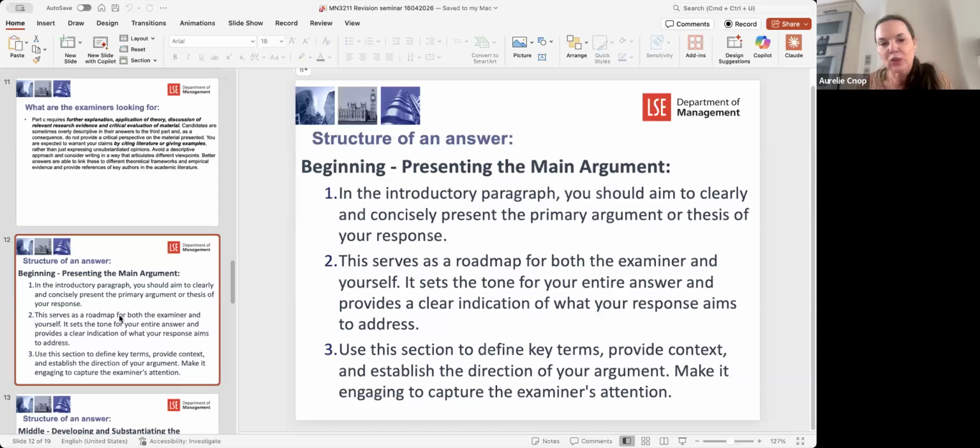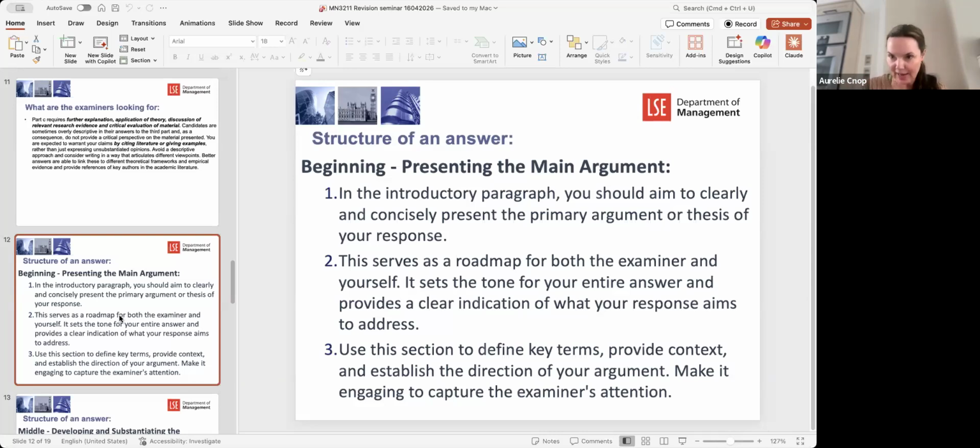Right after this, what you want to do is to define the key terms. So yes, you need to bring a few definitions, right? Especially if you're talking about concepts and elements that are not familiar to people who might not have seen them. So the benchmark for this is somebody who has not been part of this course.